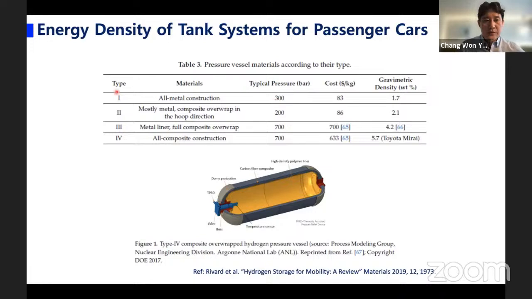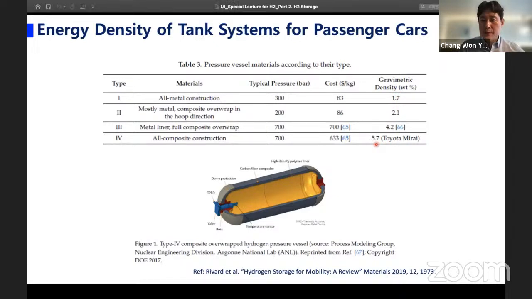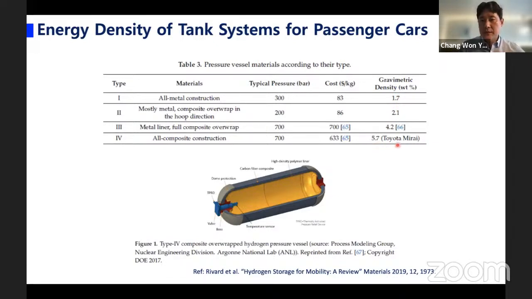And Type 4 is the most advanced pressurized hydrogen storage tank, which uses all composite materials. So it's very, very light material, a polymer liner wrapped with carbon fiber composite, and the gravimetric hydrogen storage density is increased from 1.78% to 5.7% based on the Toyota Mirai.